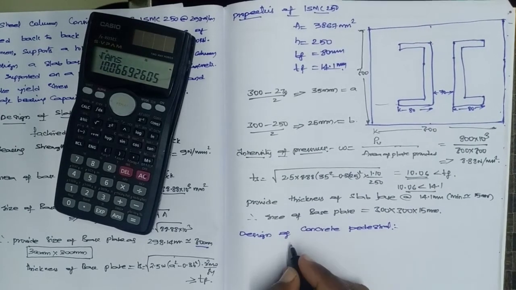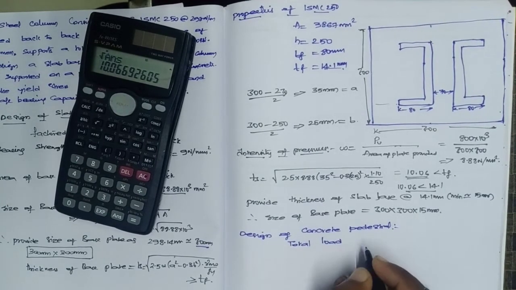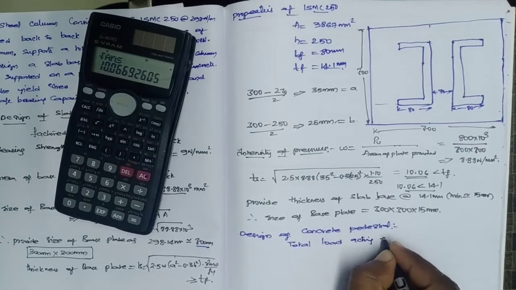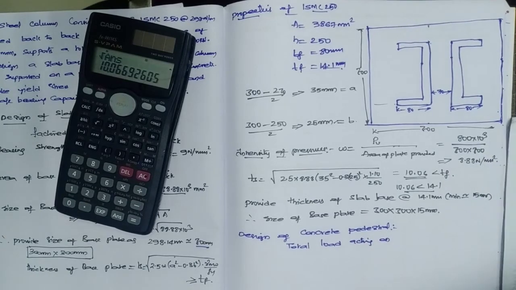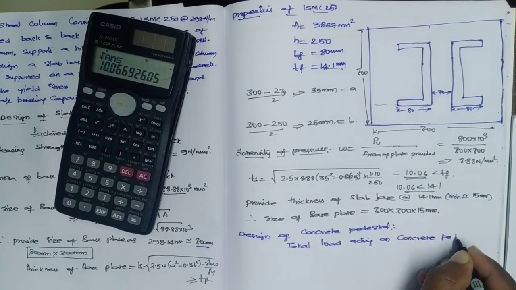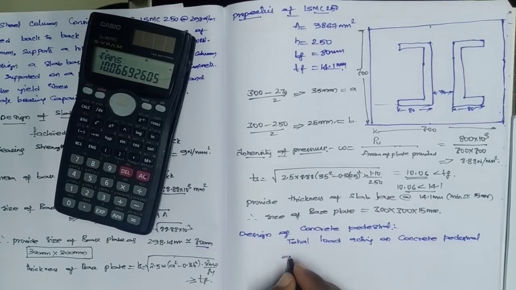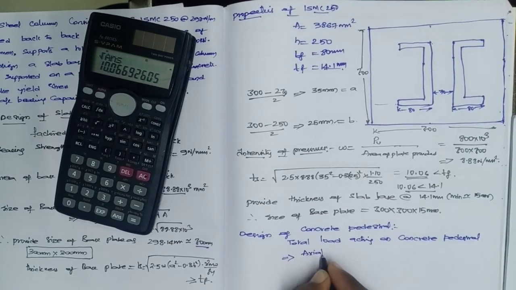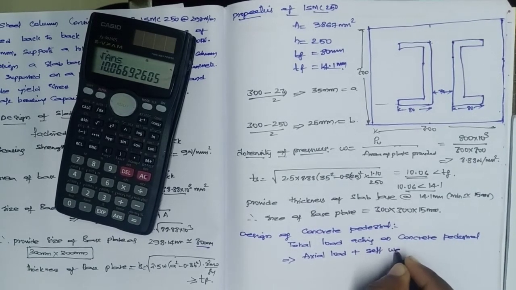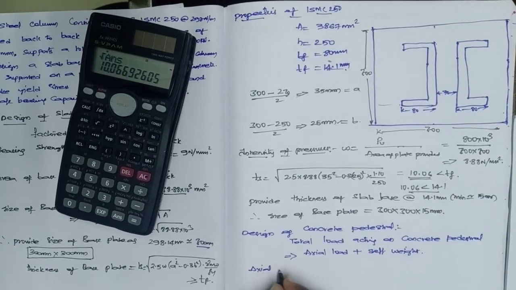So for that, total load acting on concrete pedestal equals axial load plus self weight. Now here, first of all, axial load equals to what?